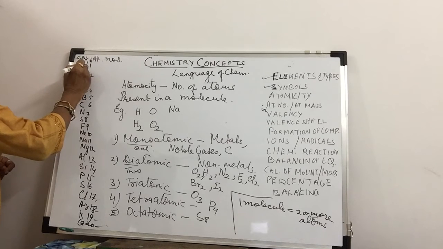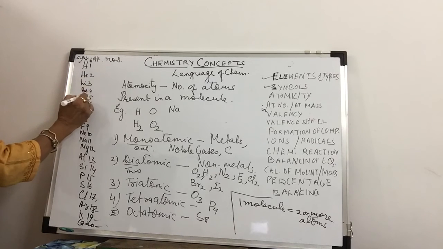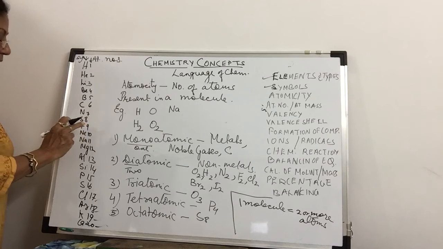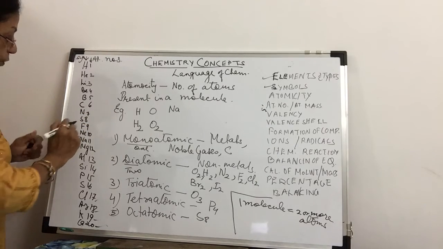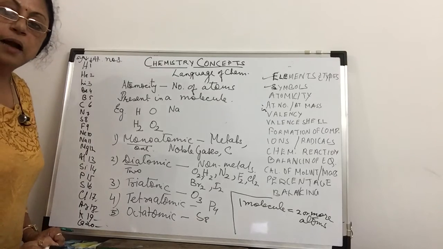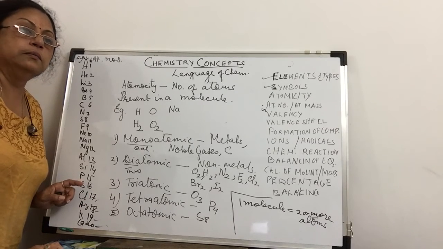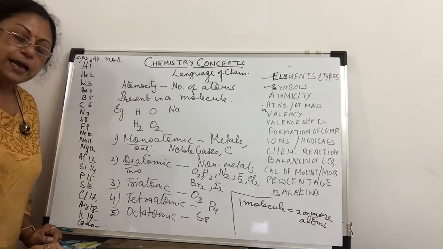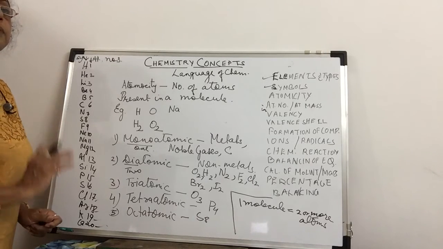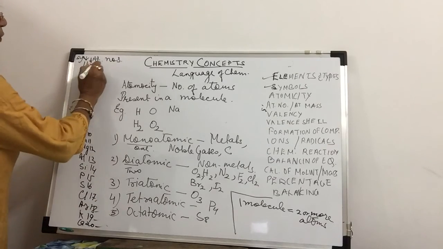Hydrogen has atomic number 1, helium 2, lithium 3, beryllium 4, boron 5, carbon 6, nitrogen 7, oxygen 8, fluorine 9, neon 10, sodium 11, magnesium 12, aluminium 13, silicon 14, phosphorus 15, sulfur 16, chlorine 17, argon 18, potassium 19, and calcium 20. All these 20 elements we are going to study mostly.